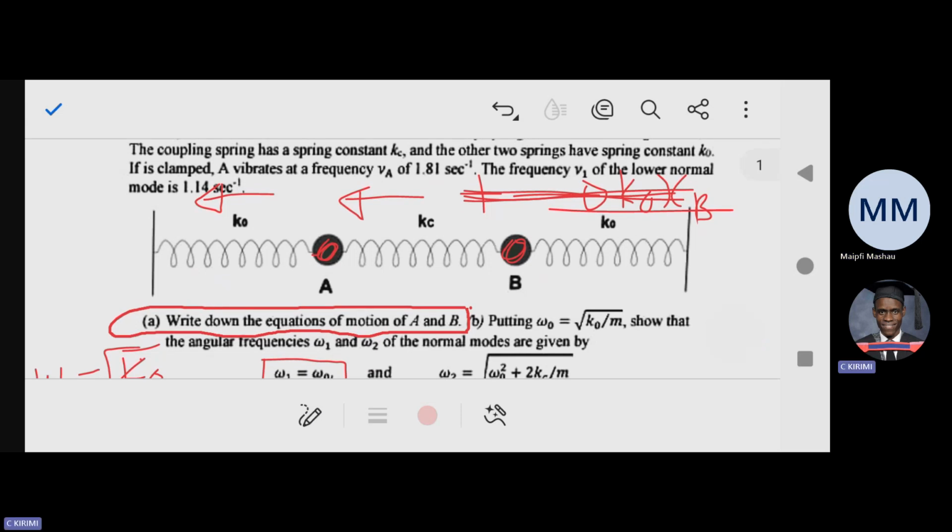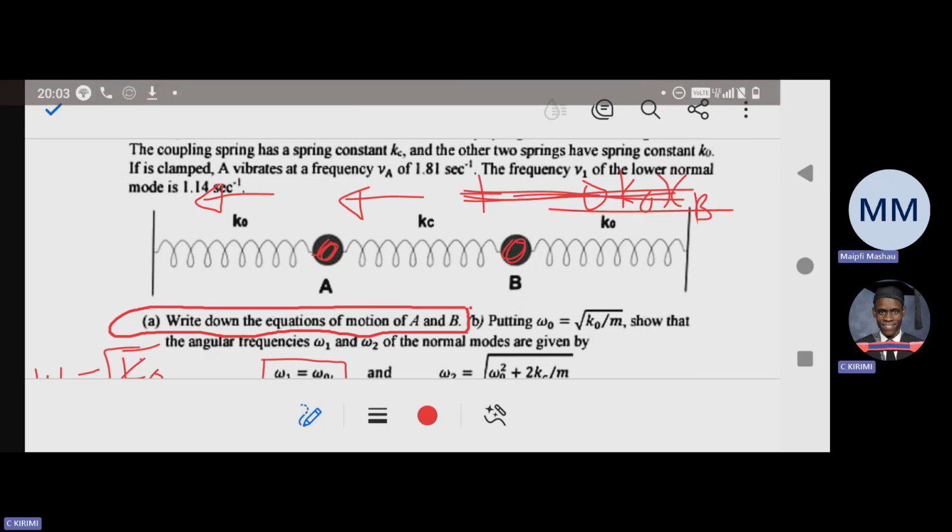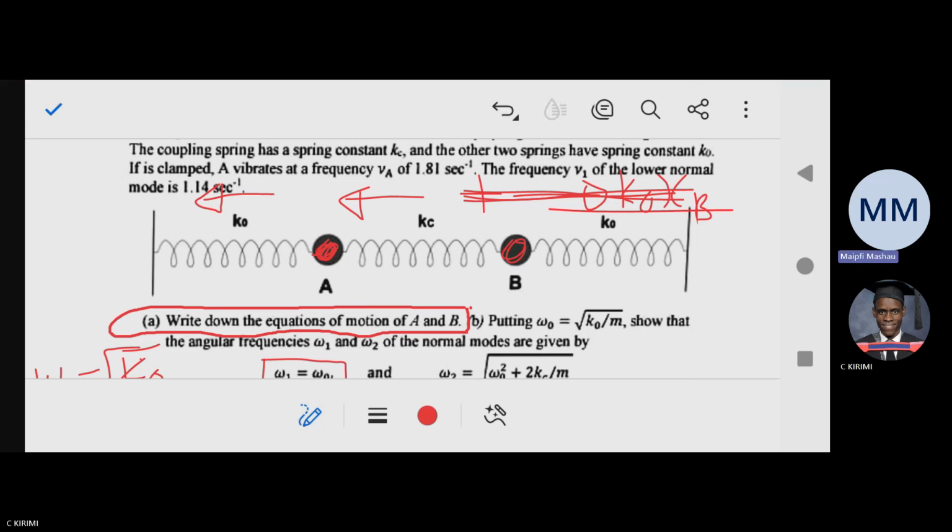So we are calculating the angular frequency of this mass, object A. So the KC you added it because it's also moving towards the left when it's vibrating, but this one was attached to the right, that's why it's also moving in the opposite direction. That's why we're adding plus.